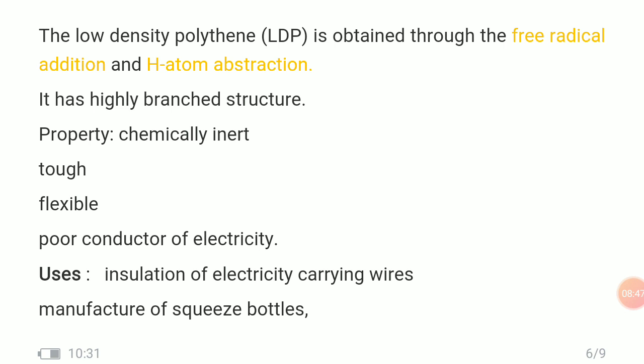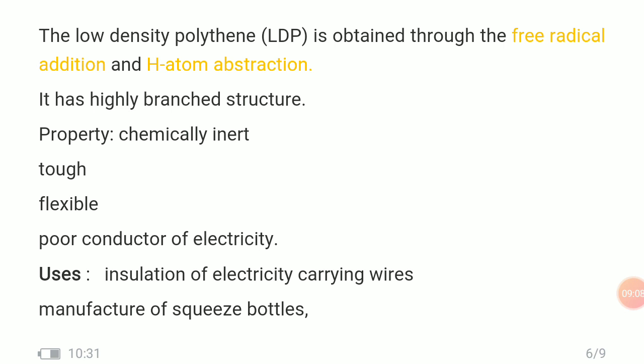This low density polythene is obtained through two processes: first is free radical addition, and second is hydrogen atom abstraction. It has a highly branched structure.